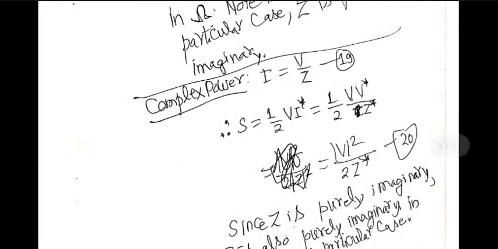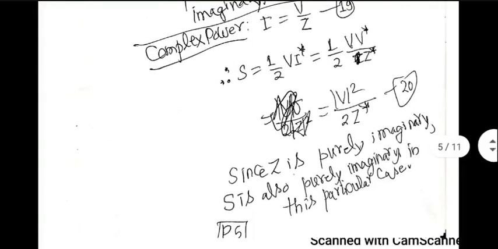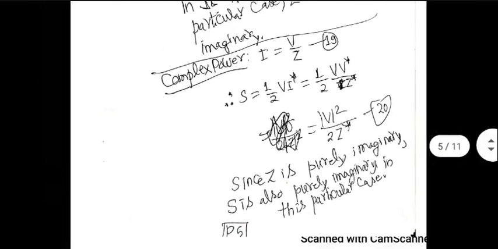V multiplied by the complex conjugate of V gives you the magnitude of V squared, right? So the formula for complex power in this case is the magnitude of V squared divided by 2 times the complex conjugate of the impedance. Z is purely imaginary. So S would also be purely imaginary, right? Complex power has no real part in this case.